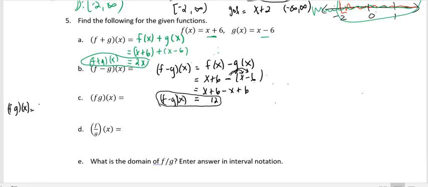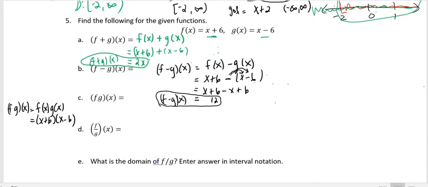So here we have f of x times g of x. Sometimes instead of the way it's written here, they might say f times g. Don't get it confused with this one, because they mean different things, right? This is composition, this is multiplication. So here we're going to end up with f of x, which is x plus 6, and g is x minus 6.